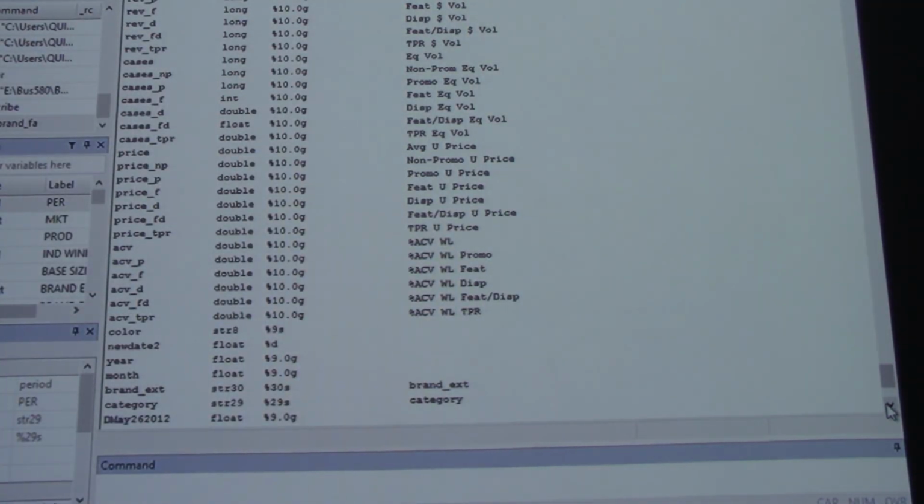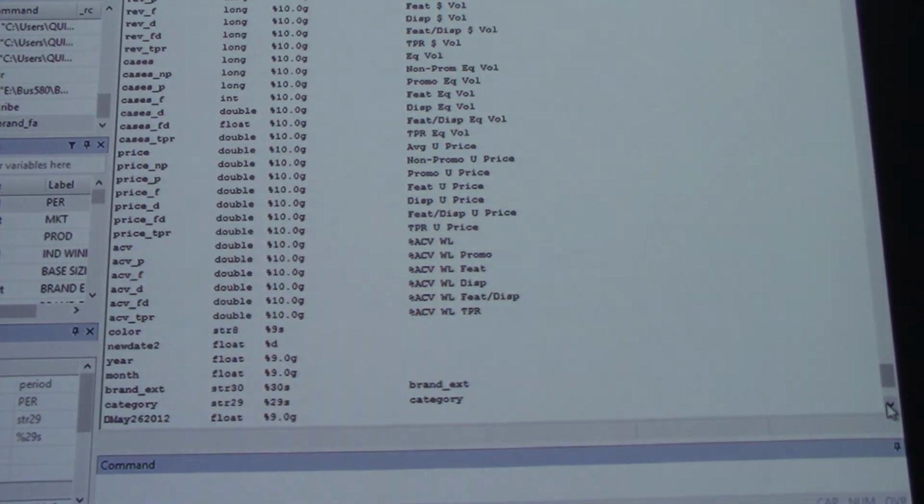Okay. And the final variable we're going to look at in the data is ACV, and again, that stands for all commodities volume. Like I said, it's not exactly a measure of distribution, but it's pretty good. It's a pretty close proxy for distribution. Nobody's heard of ACV? Nobody's used it before? Yeah, it is in the raw data, and you do have to ask for all these things.